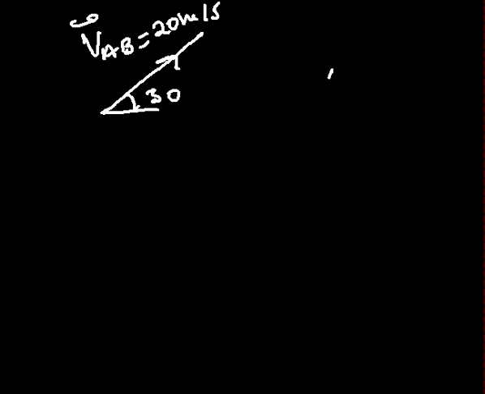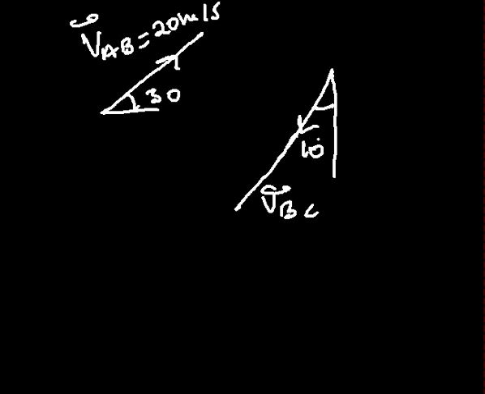And let's say we have another object going like this with the velocity VBC, at an angle of 10 degrees with respect to the vertical, given as 5 meters per second, like that. Now for this case, what is VAC?